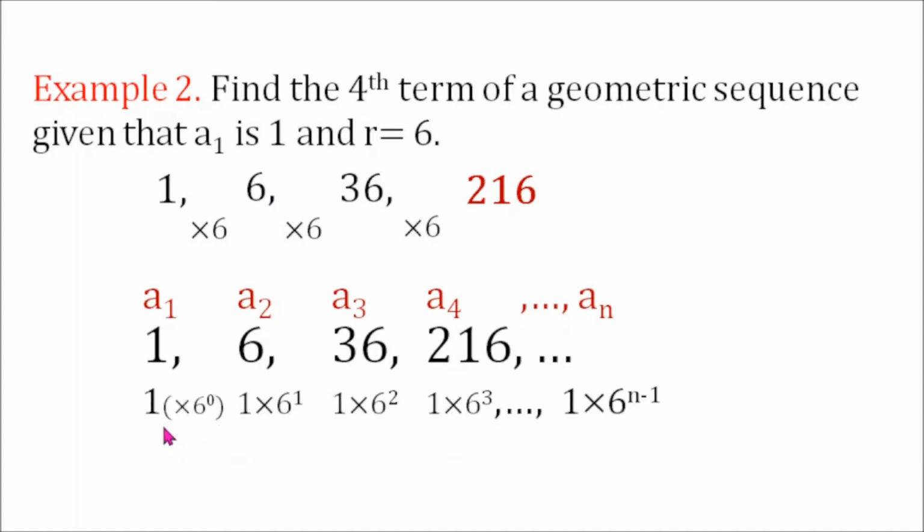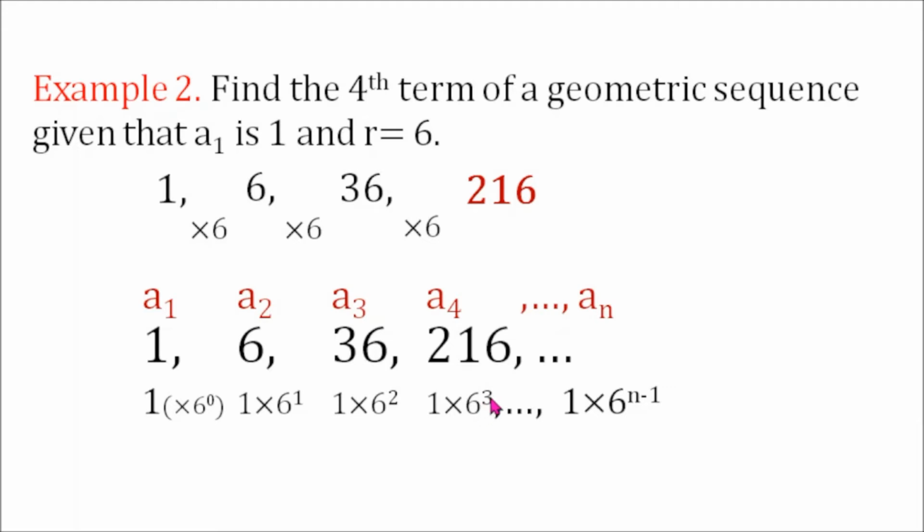So the first term is multiplied by the common ratio to the power of 0, and the second term equals the first term times the common ratio to the power of 1, and then the third term, the first term times the common ratio to the power of 2, and the fourth term is the first term times the common ratio to the power of 3.